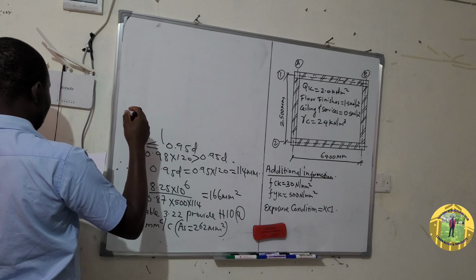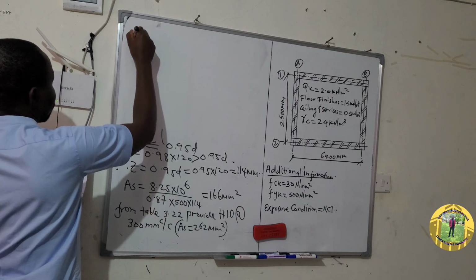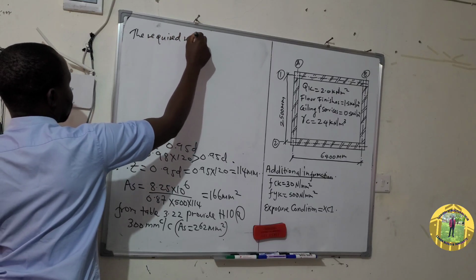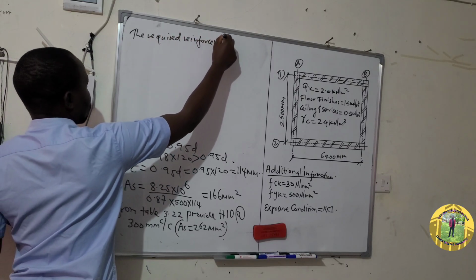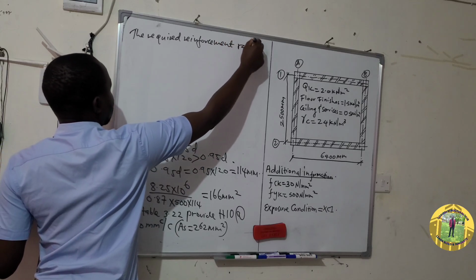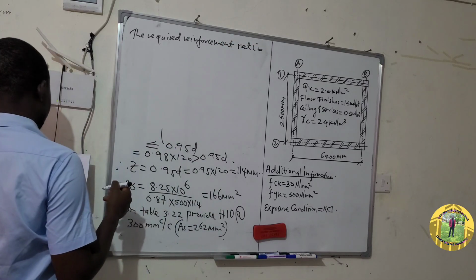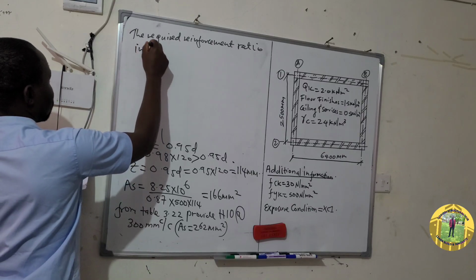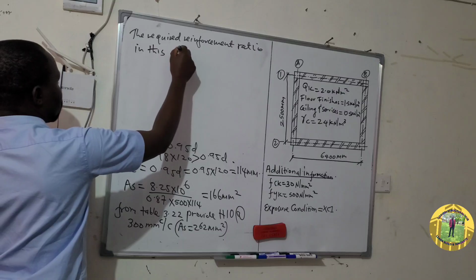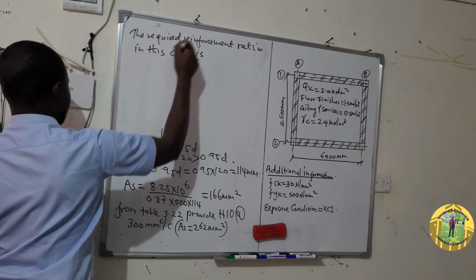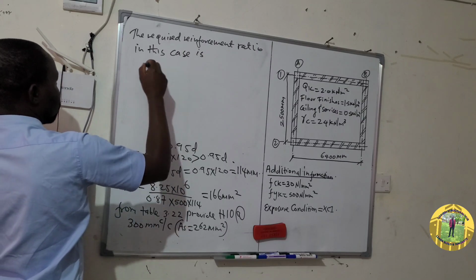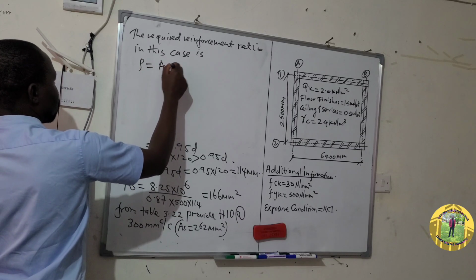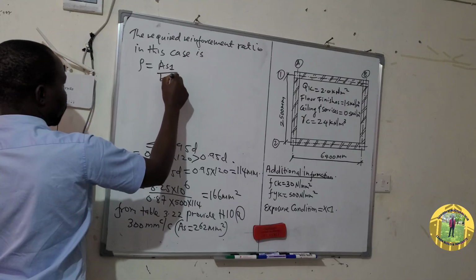So the required reinforcement ratio in this case is equal to area of steel all over BD.